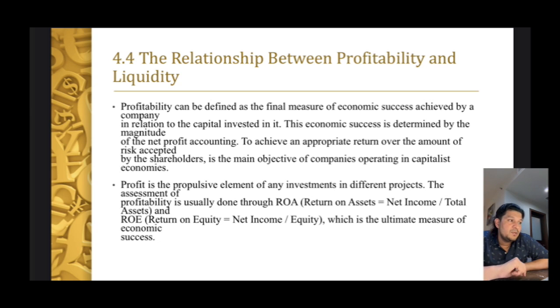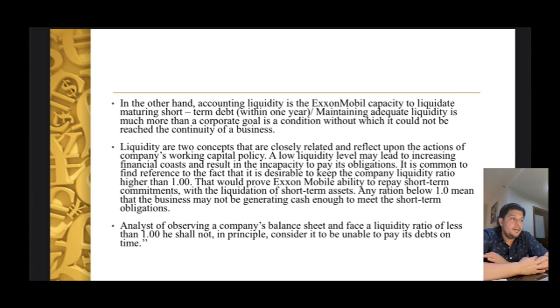The assessment of profitability is usually done through ROA, return on asset, net income over total asset, and ROE, return on equity, net income over equity, which is the ultimate measure of economic success. On the other hand, accounting liquidity is the capacity of ExxonMobil to pay short-term debt maturing within 1 year.